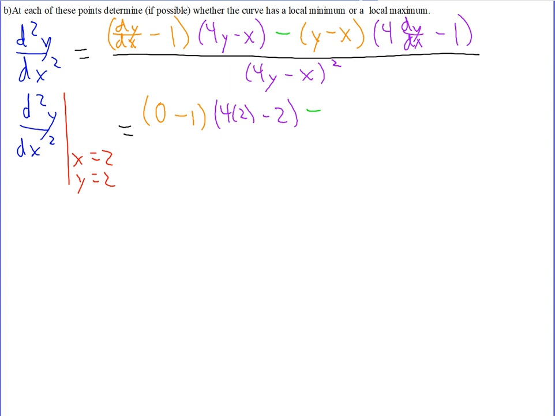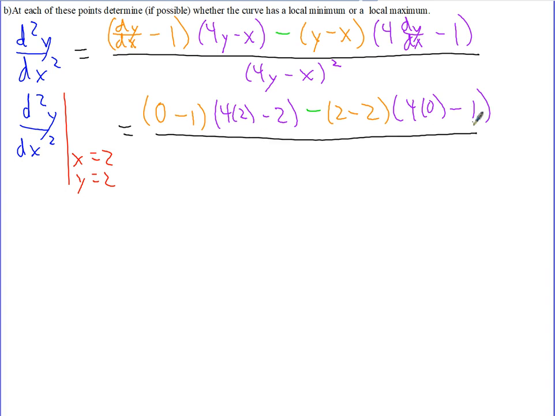minus y is 2, x is 2, 4 times dy/dx, which we already know makes 0, minus 1, all divided by the square here, which we don't have to really worry about.